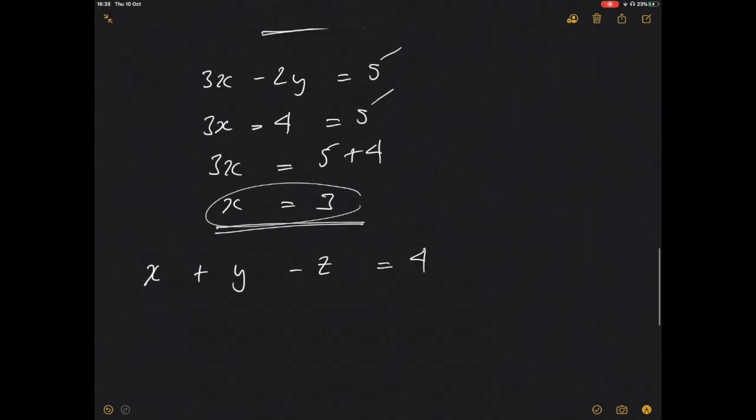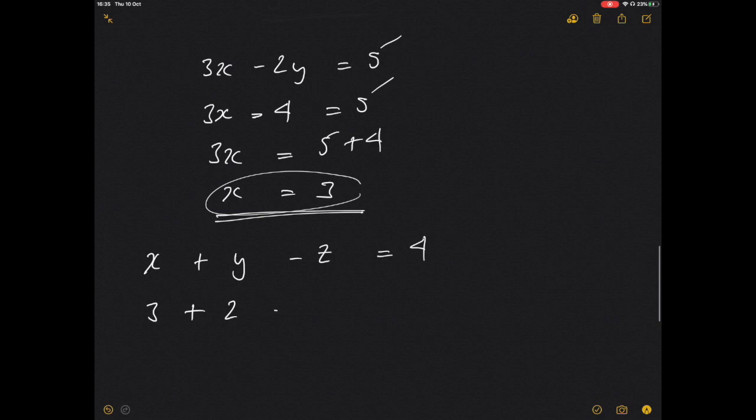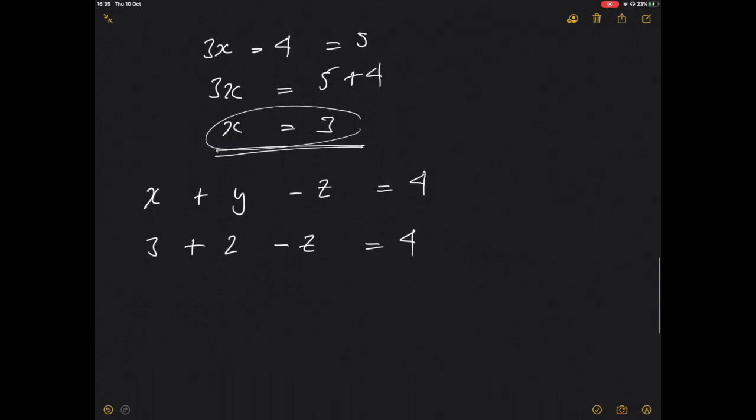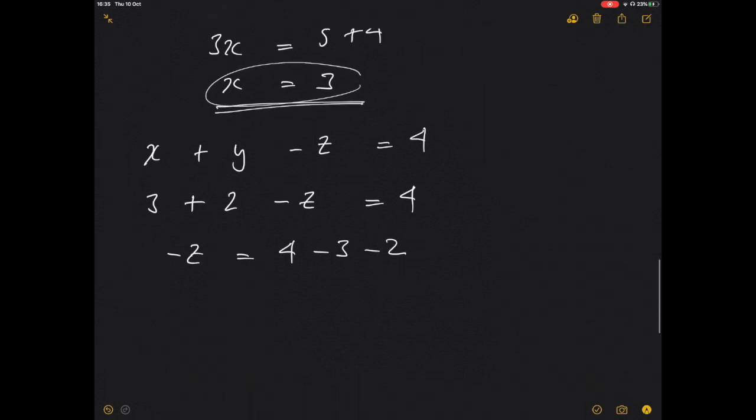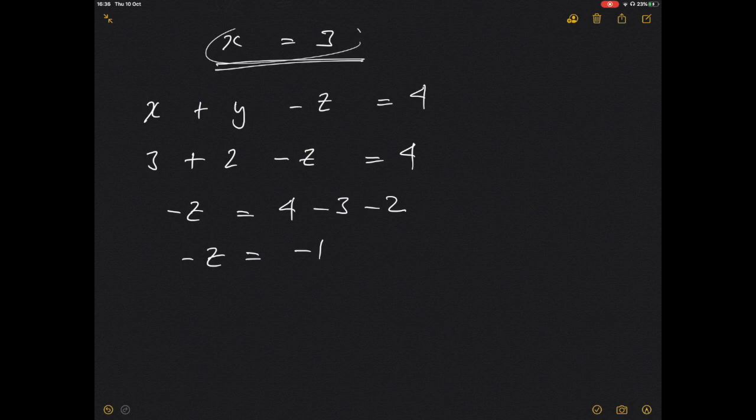We take our x, which is 3, plus our y, which is 2, minus z equals 4. So minus z equals 4 minus 3 minus 2, which equals minus 1. If we change our negative signs, we can say that z equals 1.